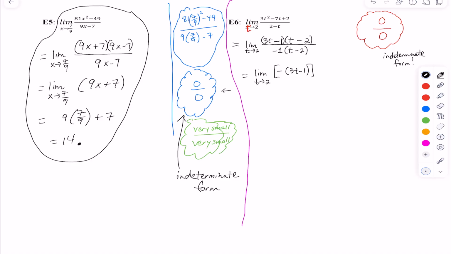Now, because this is a polynomial, we're ready to evaluate. So we get -5. So this is the evaluation of this particular limit. Notice we could not write limit laws right away. Instead, we resort back to algebra to help ourselves.